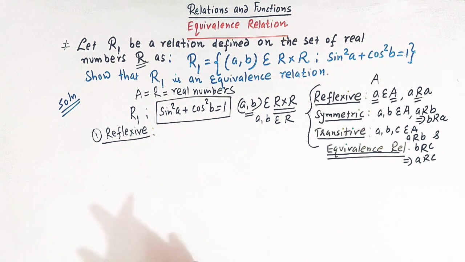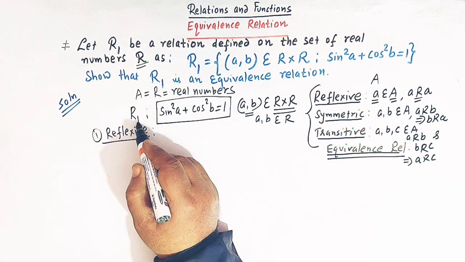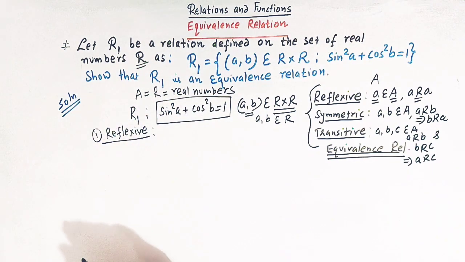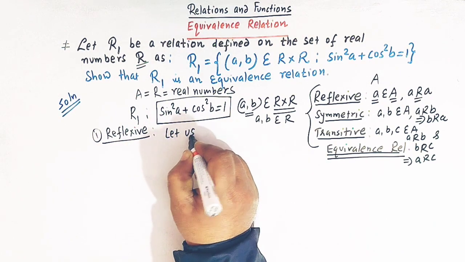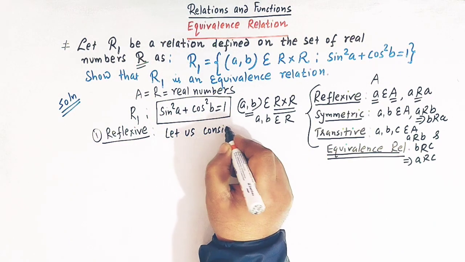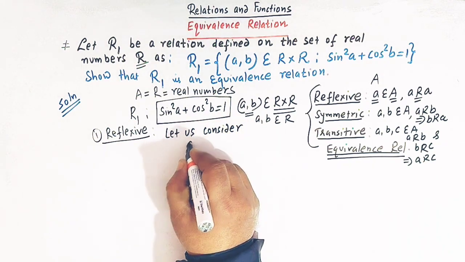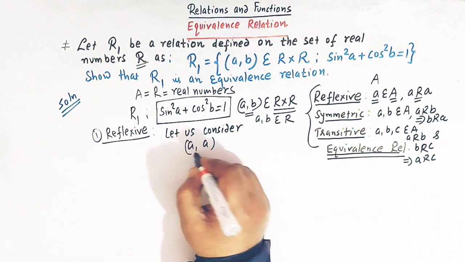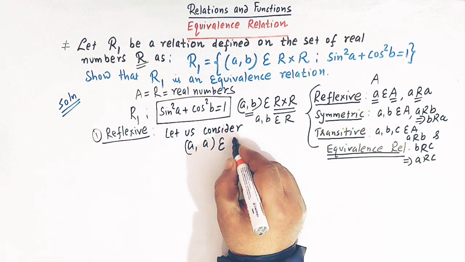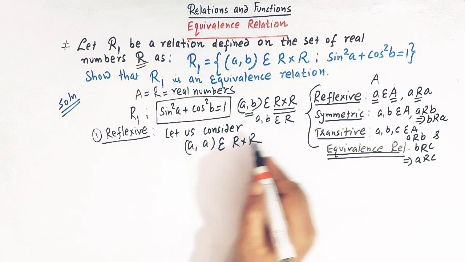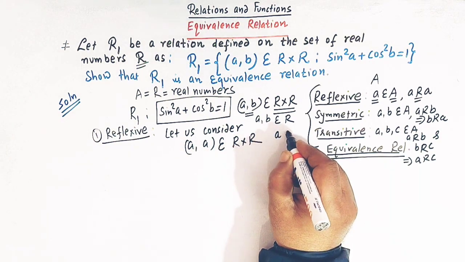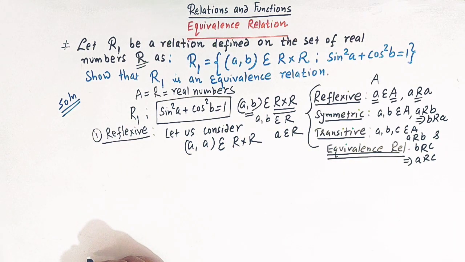So let us first see whether this relation R1 is reflexive or not, right? Let us consider the ordered pair (a, a) belonging to R cross R, right? Here this element a belongs to the set of real numbers.